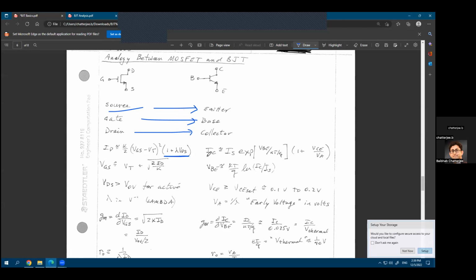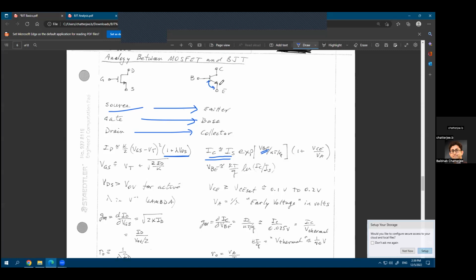Similarly here, IC, that's the collector current, will be equal to IS times e to the power VBE over VT, right? So that's the diode equation that we had written. So what's the diode current? The diode current is the reverse saturation current times e to the power VD over VT. The VD is the VBE, that's this voltage, base to emitter voltage, over VT.